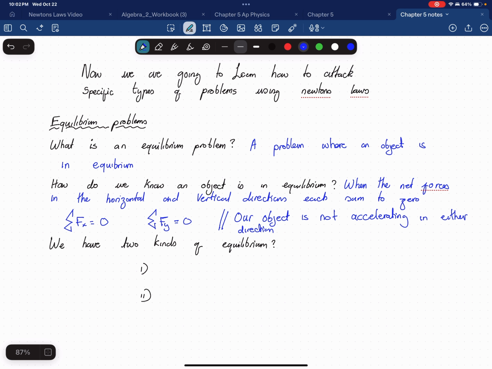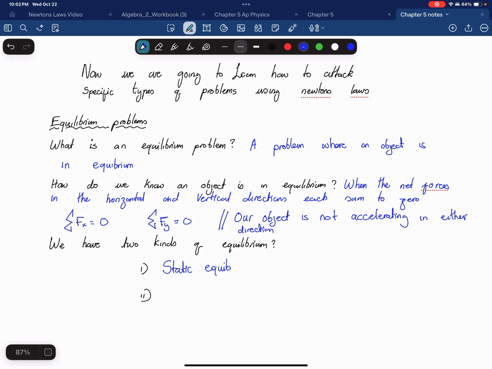So now, how do we know an object is in equilibrium? Oh, we just answered that. Sorry, I wrote notes earlier and I'm just repeating my notes. All right, so we have two kinds of equilibrium. We have the static equilibrium.